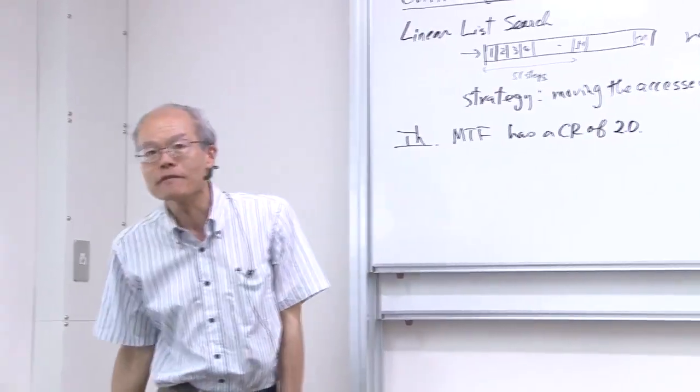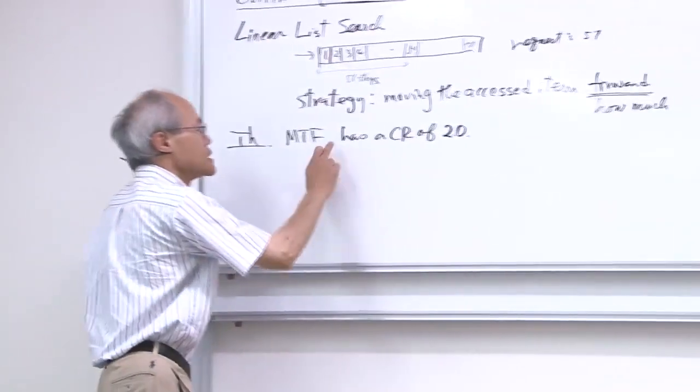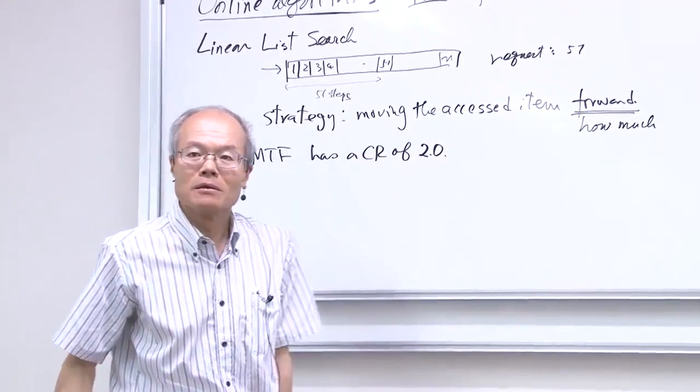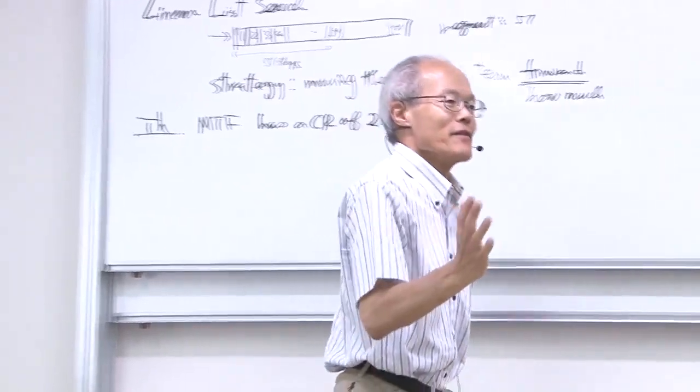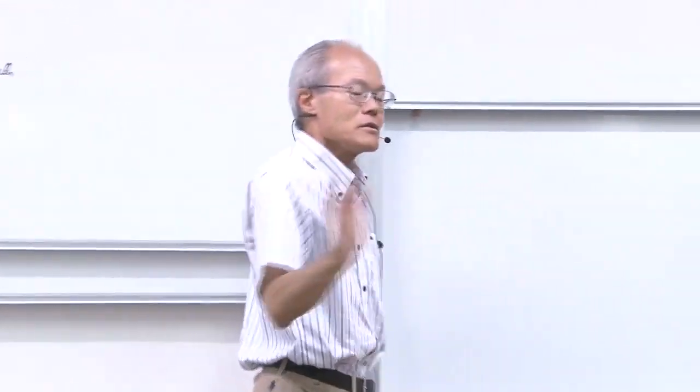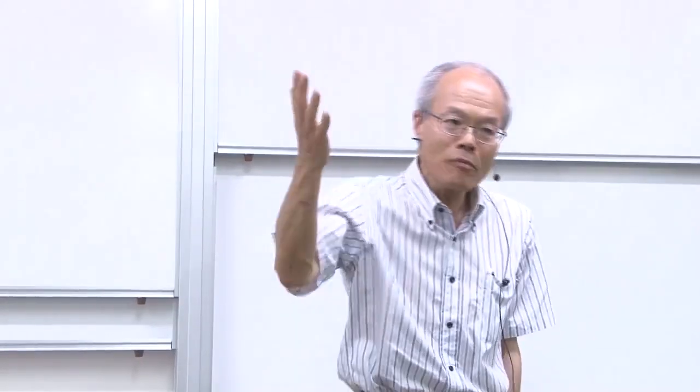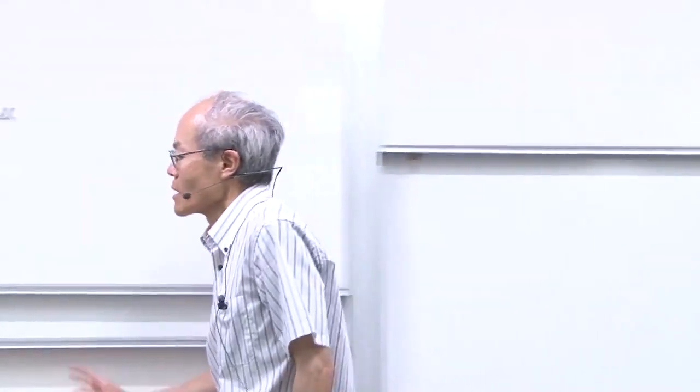But actually, you can prove that the competitive ratio of this algorithm is just 2.0. Not on average, but for any request, the cost of this algorithm is at most 2 times the cost of opt. So this is a really interesting theorem.